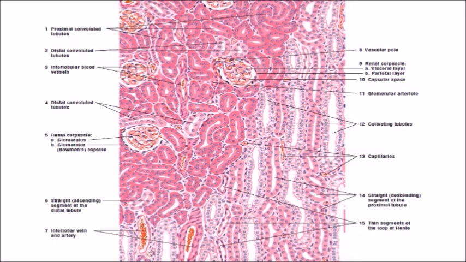The cortex shows many scattered dark stained round renal corpuscles, convoluted tubules of different diameters and pale staining radiating lines, that is the medullary rays. Each renal corpuscle consists of a large irregular shaped mass, the glomerulus, a distinct Bowman's capsule space and a thin walled Bowman's capsule.